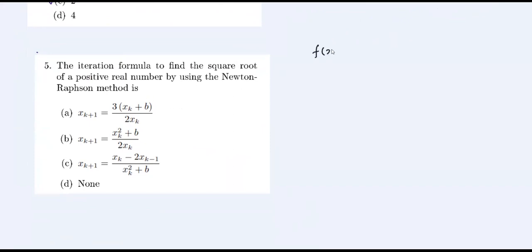so f of x is square root of x. And what is this B now? B will be the iterative step anyway. The question, there is some missing term.